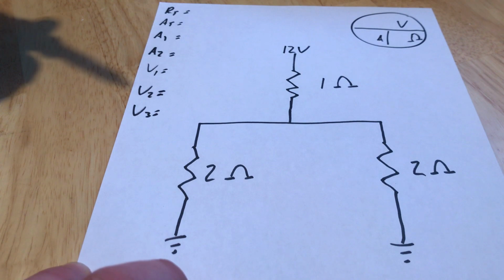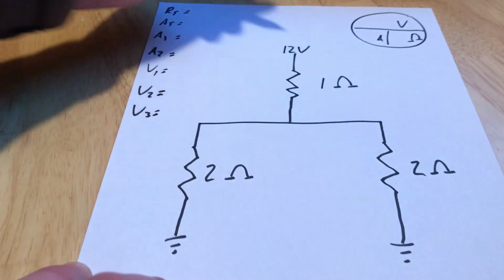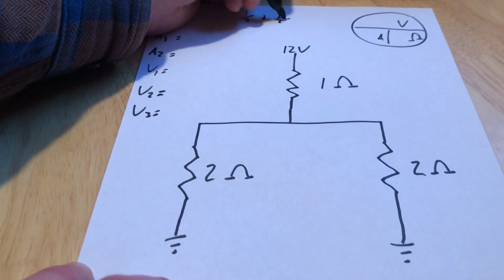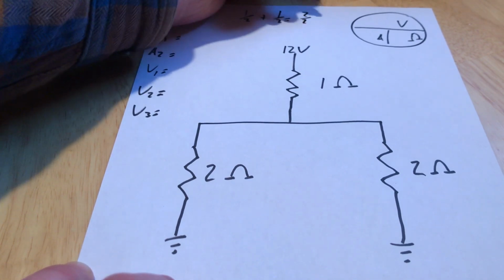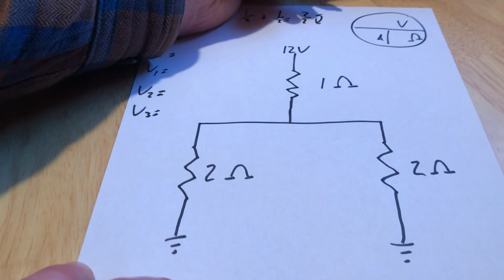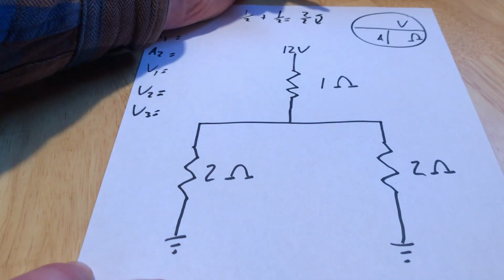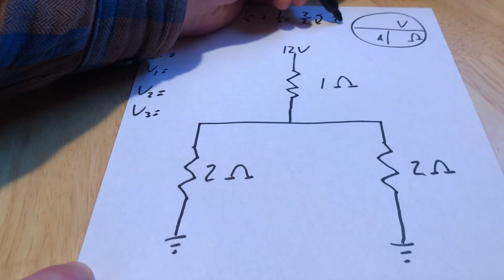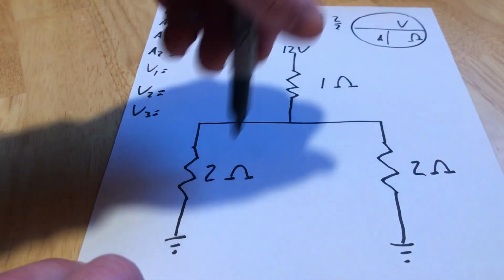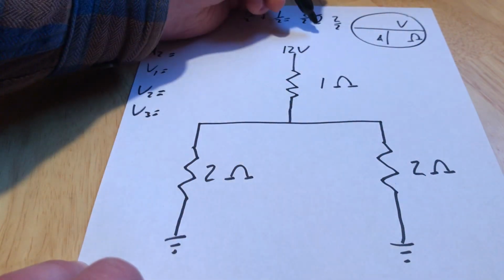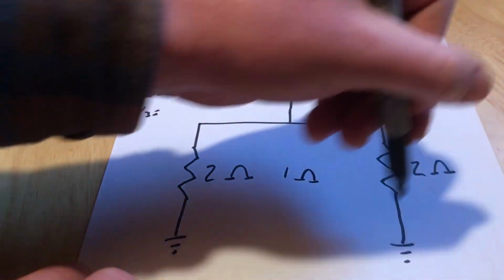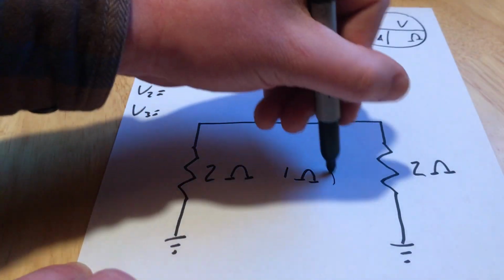So I have 2 and 2, so I'll do 1 over 2 plus 1 over 2 equals 2 over 2. We're going to go back to the whole beginning and do the flip-flop business, even though it's the same. It's just good practice. So 2 over 2. That gives me a resistance for this section of 1 ohm. That'd be this parallel section right here is 1 ohm.